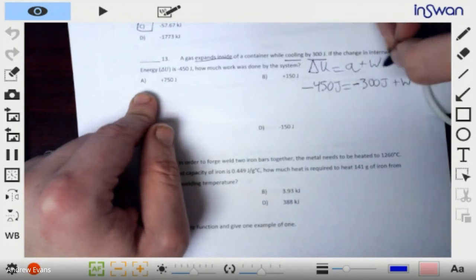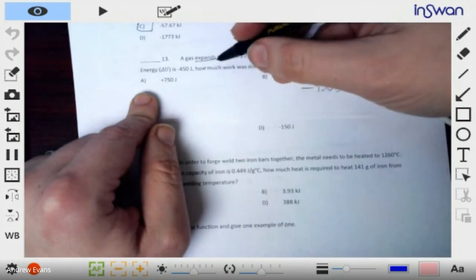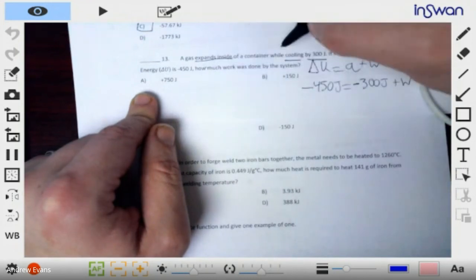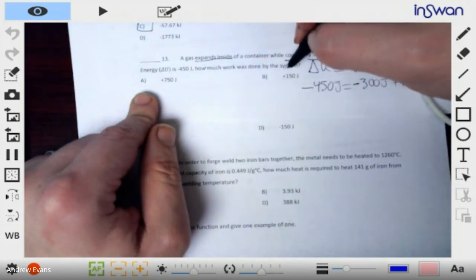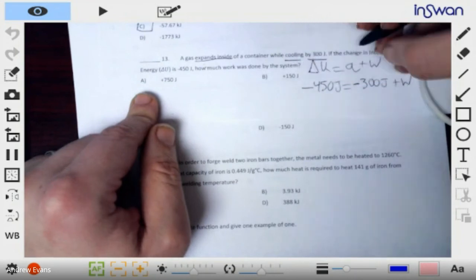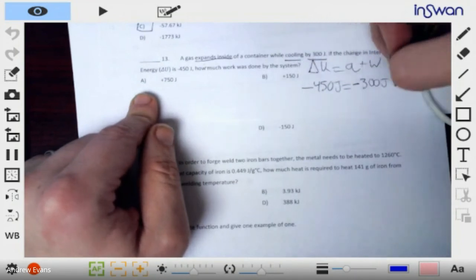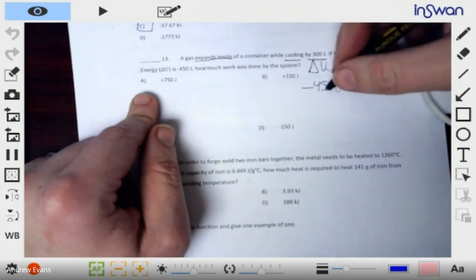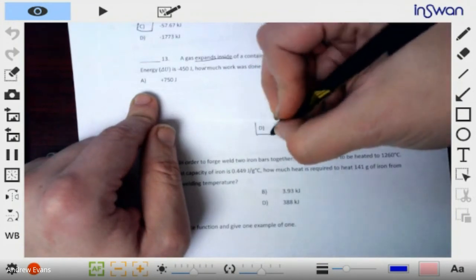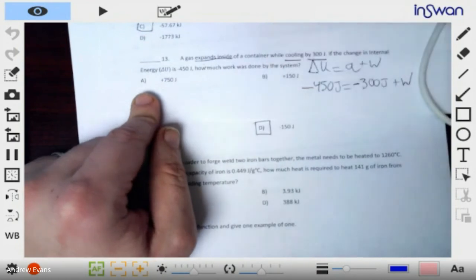Now, the fact that the gas expands tells us that it's negative work as well. However, we can just check the math. The difference between W and this has to be negative 150 joules. Negative 150 joules.